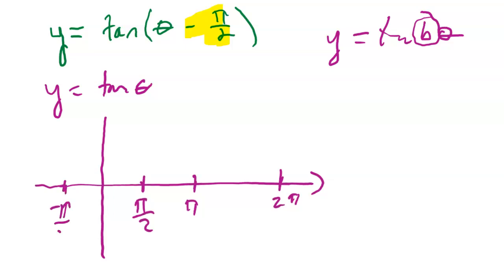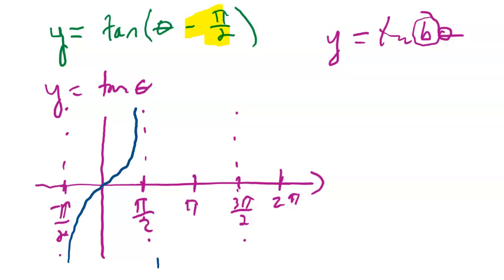This is a bad graph. My vertical asymptotes are going to be at pi over 2 and here's 3 pi over 2. Okay, perfect. I'm just going to have one period, but I know my tangent graph looks like this.